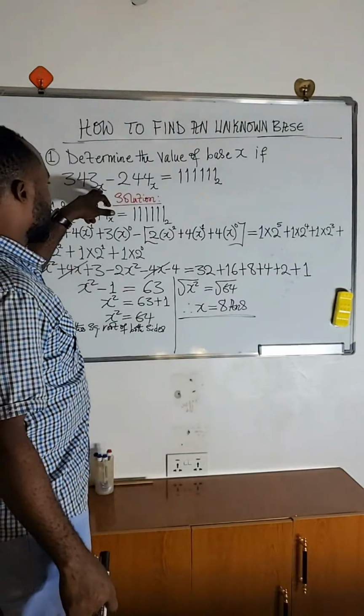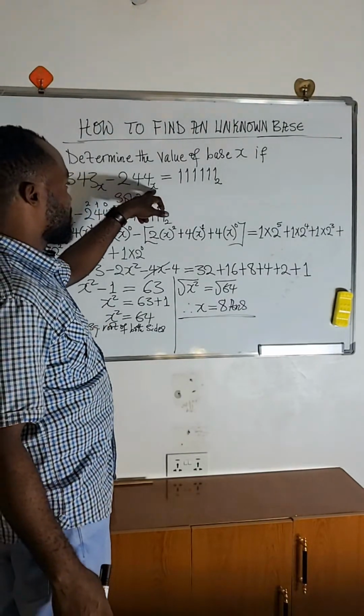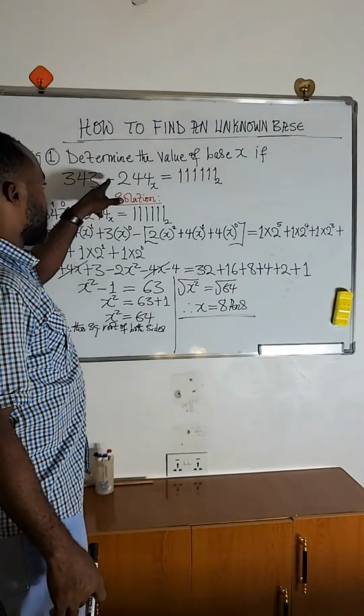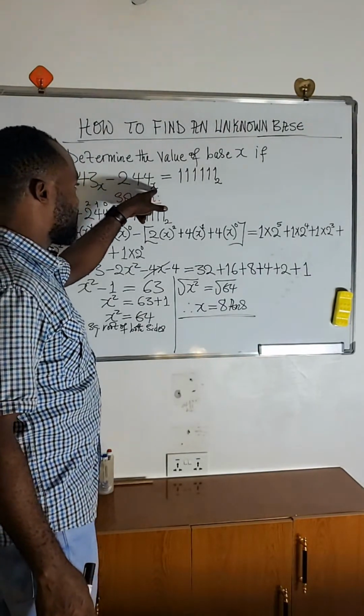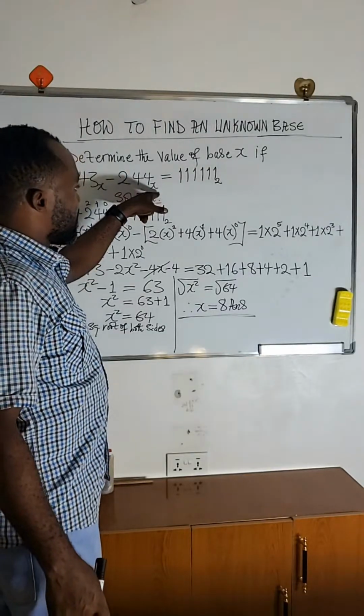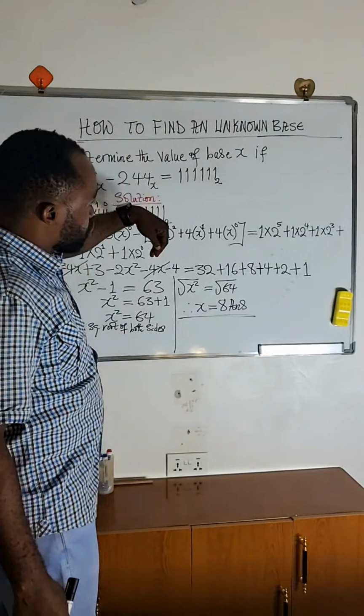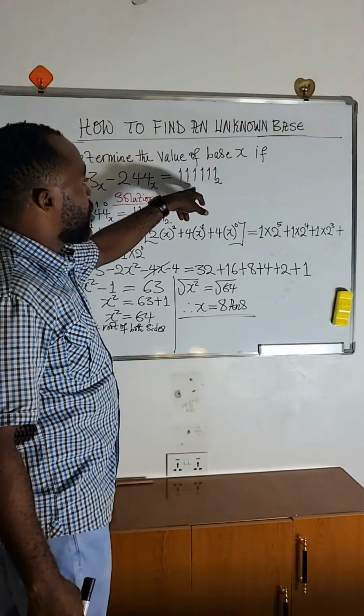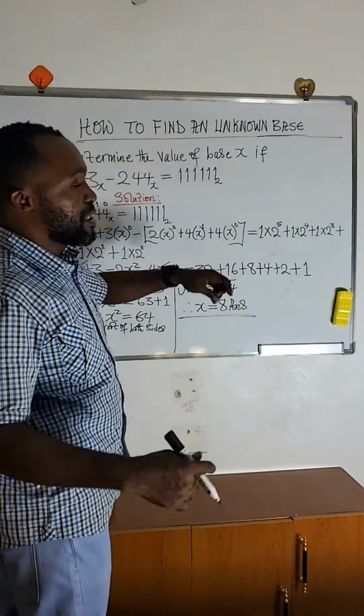Therefore it means that here was x and here was x. And so if you say 343 in base 8 minus 244 in base 8, if you convert it to base 2, you will end up having 11111 in base 2.